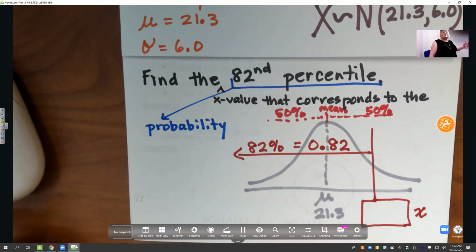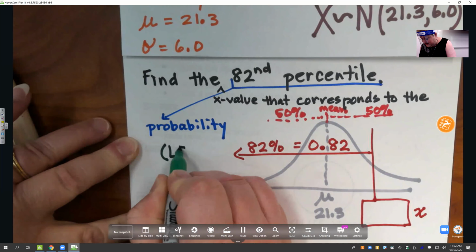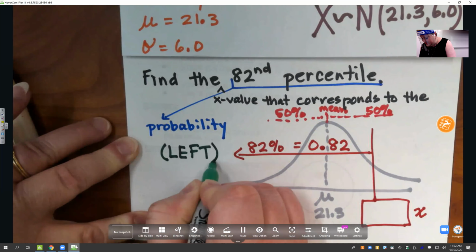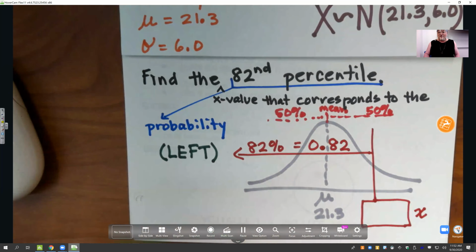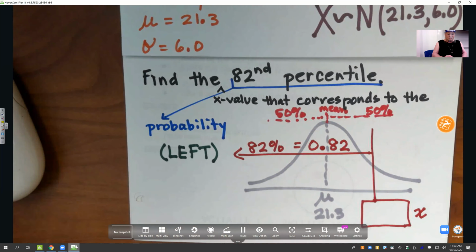The interpretation of a percentile is that we're below. And again, notice when we're below, we're on the left, because we have to tell it whether it's going to be left, right, both, or in the middle. Well, I'm on the left because I'm less.